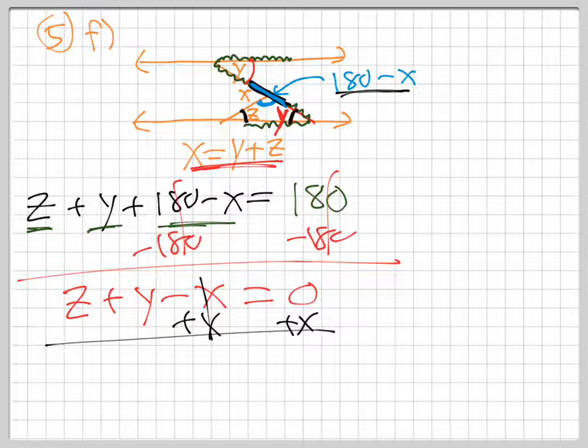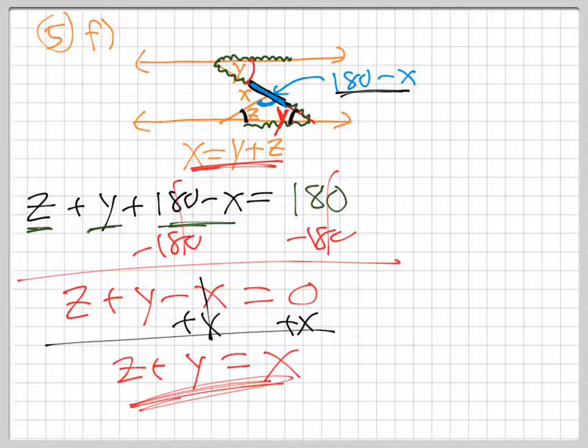And so then what do we have? z plus y equals x, which matches the original truth they gave me: x is y plus z. So in other words, it must all be fitting. I don't know if you followed all that logic. It must all be fitting that those really are parallel lines, because they agree with this relationship, x equals y plus z. How are we doing on that?